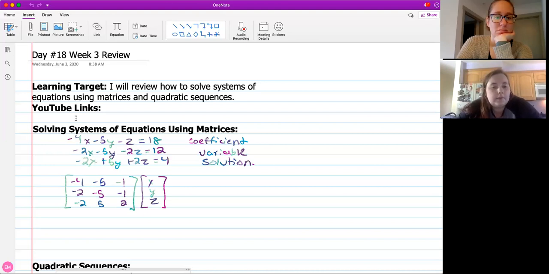Do remember that if you are missing a variable, like if that first equation up there was negative 4x minus z equals 18, you would need to put a 0 in for y. If you're like me and have trouble keeping track of that, I would recommend rewriting your equations so that you can see where the zeros are before putting them into your matrix. If you don't need to do that, by all means, don't. If you can just keep track of everything, totally fine.